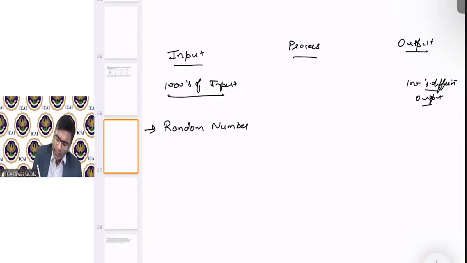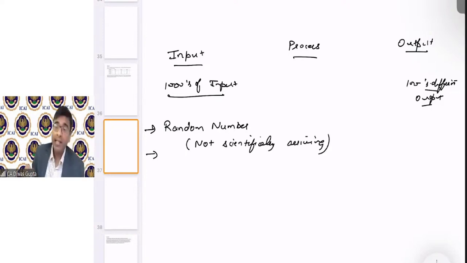So those random numbers are used as an input in the process to formulate these inputs. So we are not scientifically arriving at those numbers. Okay. What do you mean by random number? Not scientifically arriving at those numbers. Neither we are biased to that.